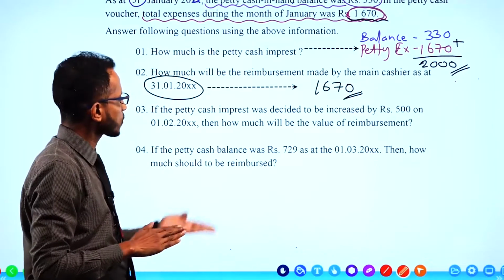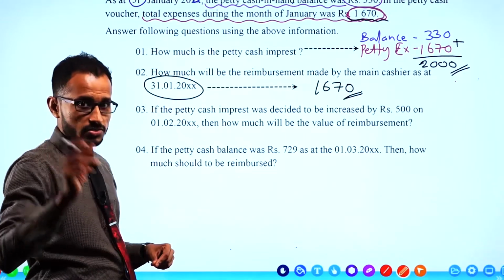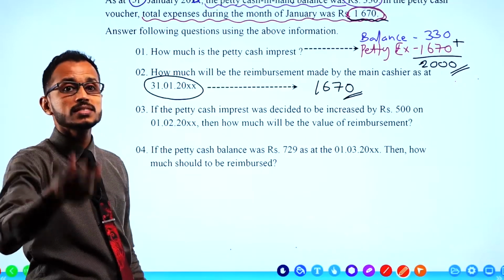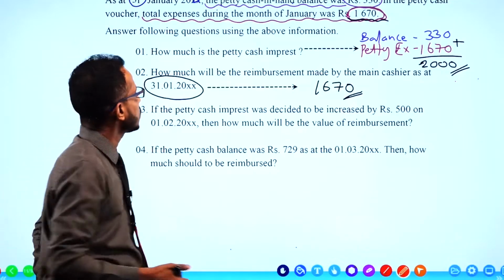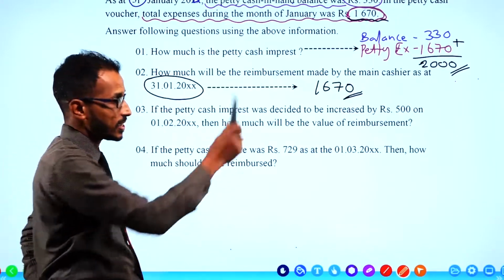Okay, the total amount which was spent is 1,670. That should be the reimbursed amount. That should be the reimbursement made by the main cashier, given by the main cashier to the petty cashier.